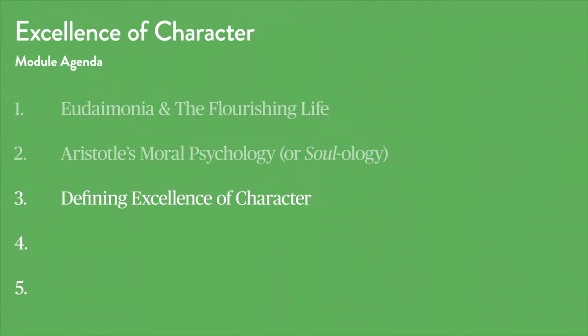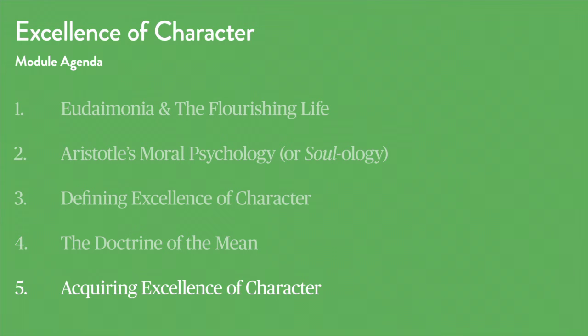So it's kind of fun: psychology is soulology. Third, we'll see how Aristotle goes about defining excellence of character. Fourth, we'll see how this idea sets up what is now known as the doctrine of the mean. And finally, we'll see Aristotle's account of how we go about acquiring excellence of character.